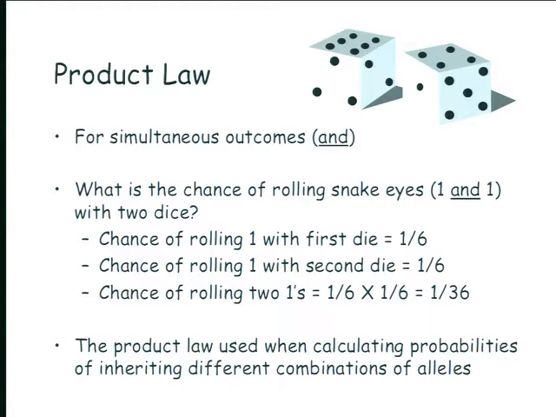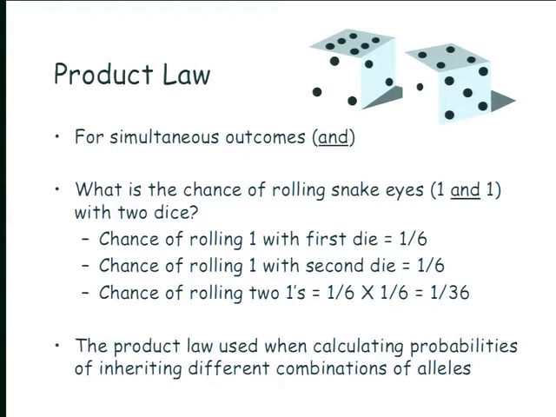So the chance of rolling 2 1s with both of the dice is simply 1/6 times 1/6. 1 times 1 is 1, 6 times 6, 36. So the overall probability of having outcome 1, rolling 1 with the first die, and outcome 2, rolling 1 with the second die, is 1 in 36. So if you were to roll these 2 dice 36 times, the probability is snake eyes would come up once.